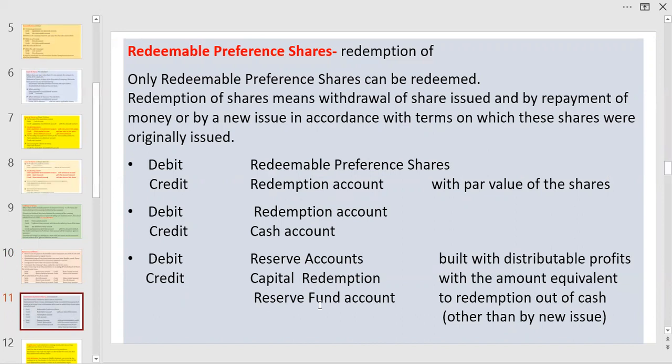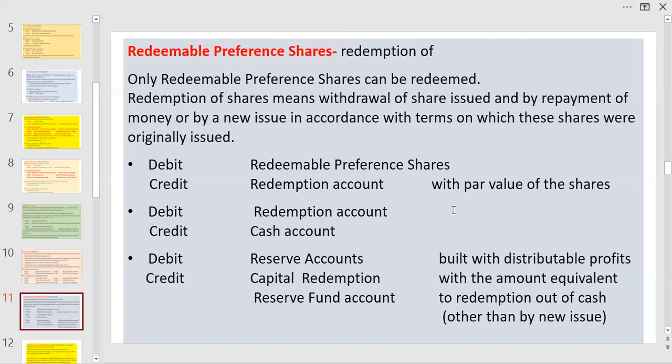CRRF is built with distributable profits. The redemption will have to be funded either by the CRRF account or by issues made specifically for this purpose, and that issue again will have to be of redeemable shares.